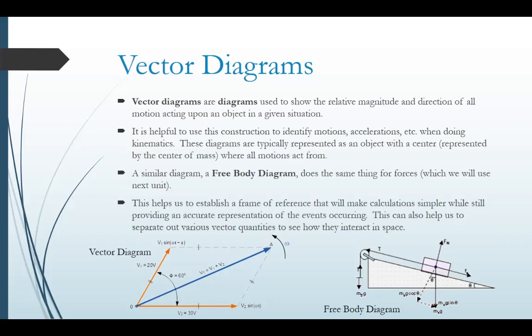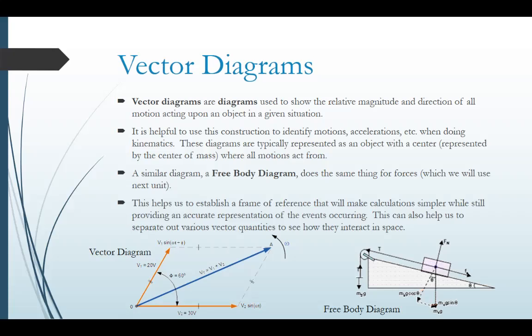Okay, essentially, these are vector diagrams. We're going to look at velocity, acceleration. What direction is the velocity acting in? What direction is the acceleration acting in? How is the car moving when that begins to occur?